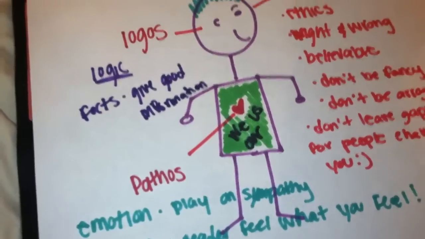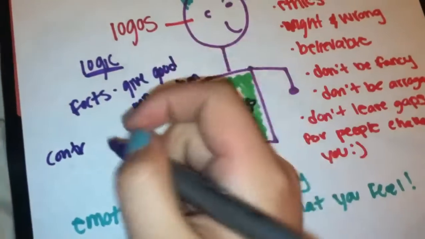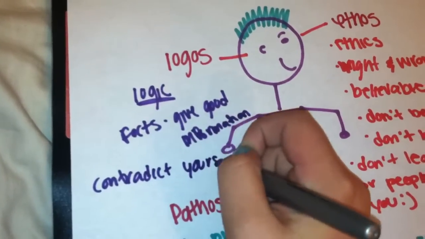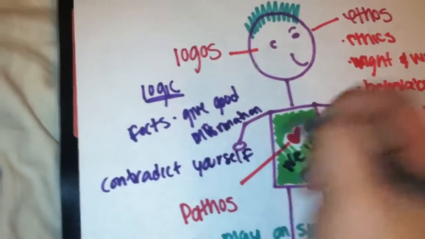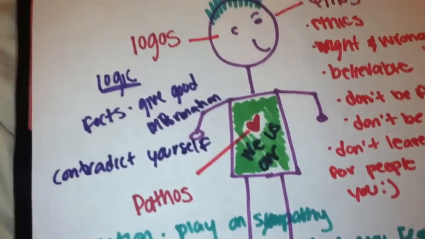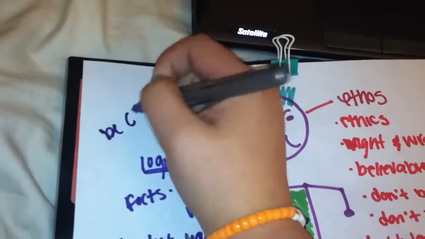You don't want to contradict yourself, or you won't have very much ethos either. And you want to be clear in what you are writing about. So just be clear.